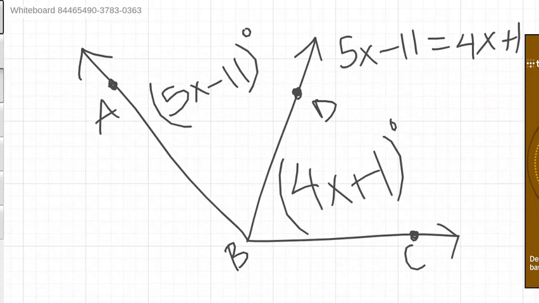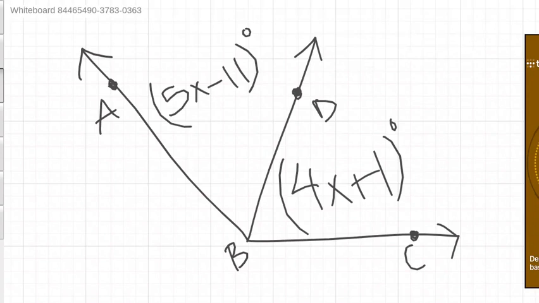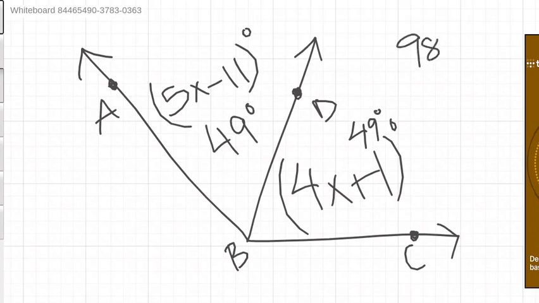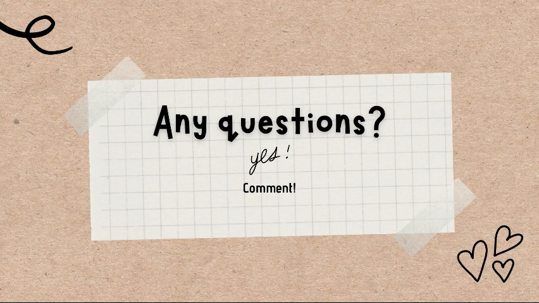Then we would substitute x in for those smaller angles, and we would get 49 and 49. And then to find angle ABC, which is this big angle, you need to add them, and you get 98. So angle ABC is equal to 98 degrees.